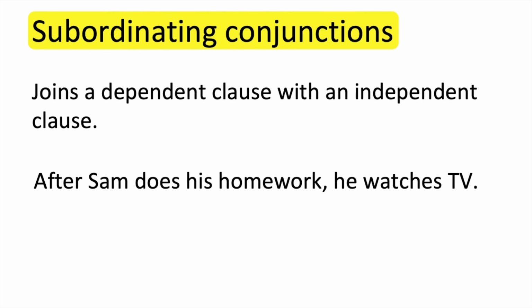Therefore, this is a dependent clause. He watches TV makes sense on its own. Therefore, it's an independent clause. So following on from the rule that we learnt about, if the dependent clause comes first, followed by the independent clause, then a comma is required between the two clauses.